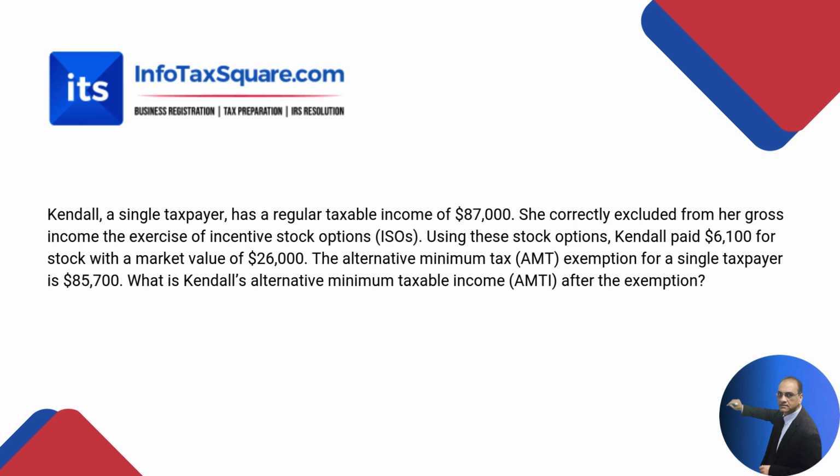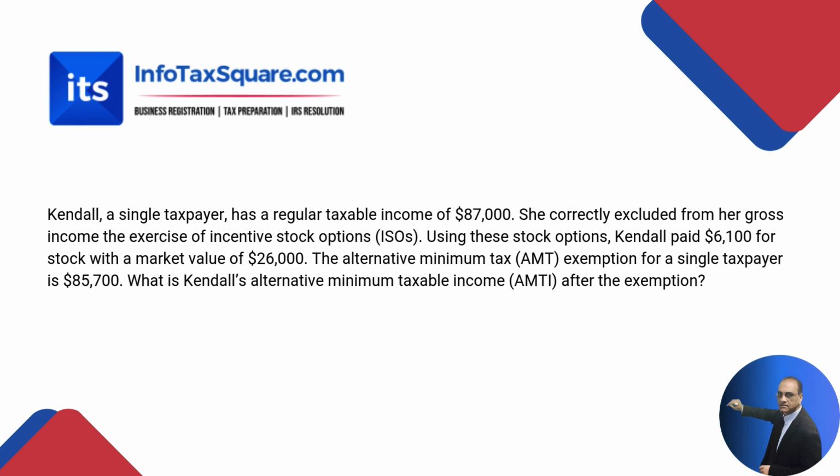I'm going to explain it with an example. Kendall, a single taxpayer, has a regular taxable income of $87,000. She correctly excluded from her gross income the exercise of incentive stock options.